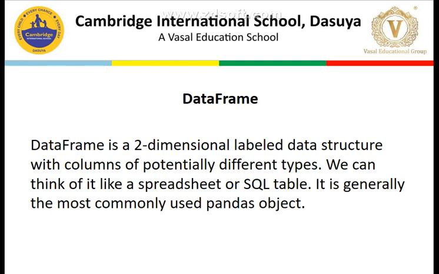We can think of it like a spreadsheet. We can compare it with a spreadsheet like Excel, or an SQL table, that is in the form of rows and columns. It is generally the most commonly used Pandas object. So the data frame is the most widely used object of Pandas. So, moving forward.